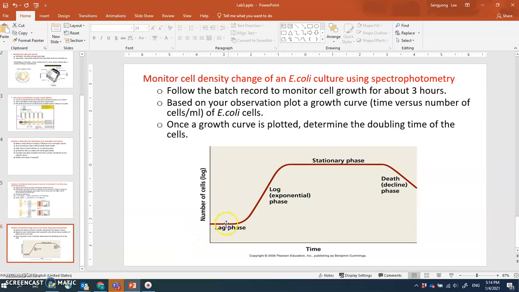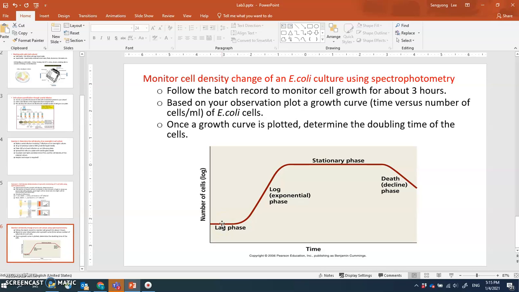If you do that, you will see that the cell growth gives a kind of S-shaped curve. When cells are introduced into new medium, they kind of stay put. They don't double right away. They don't replicate right away. But after a certain time, they get adapted to the new environment, meaning cell physiology is changed.